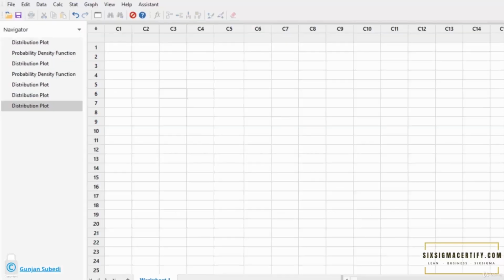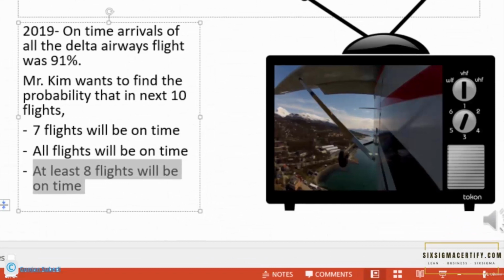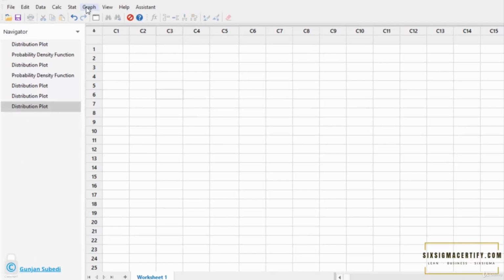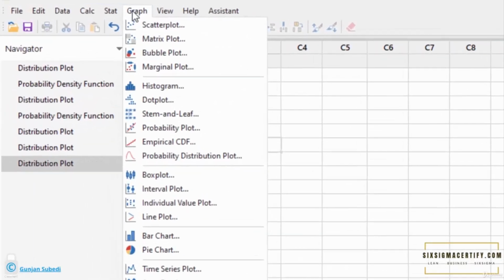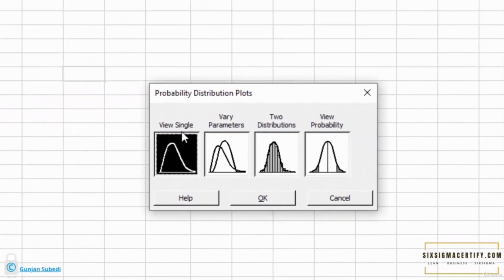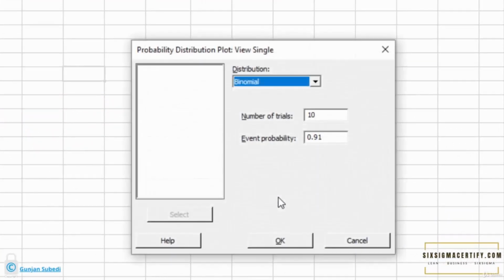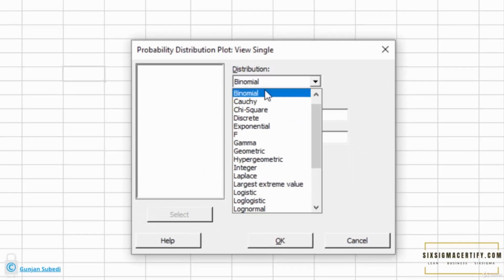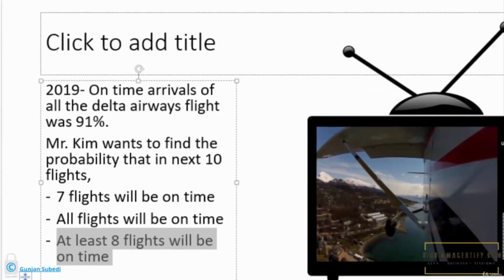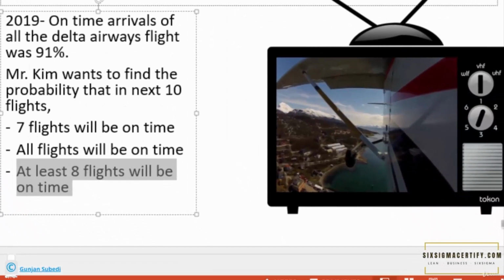It has only two outcomes, whether it is success or failure, head or tail, slow or fast, etc. The first problem that we have to solve is finding out the probability that in the next 10 flights, 7 flights will be on time. Now I will show you solving this problem with two approaches with Minitab. The first approach, you go to the graph, click the probability distribution plot and select the view single. We click the OK. Now this distribution is a binomial distribution. We should select the binomial and we know that the number of trials is 10 because Mr. Kim wants to find out the probability in the next 10 flights.